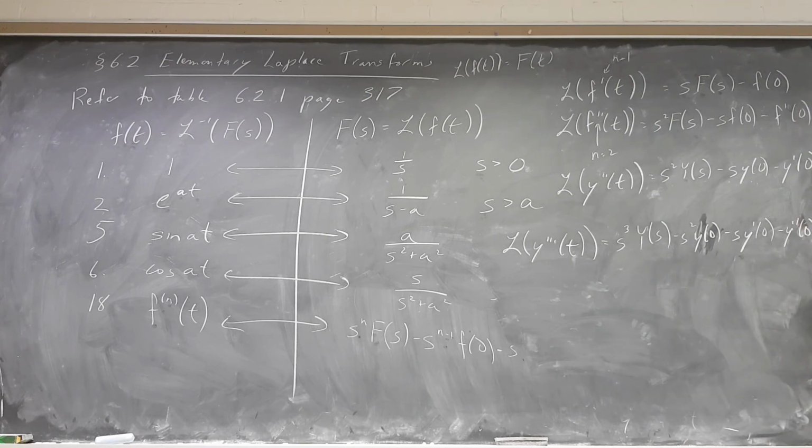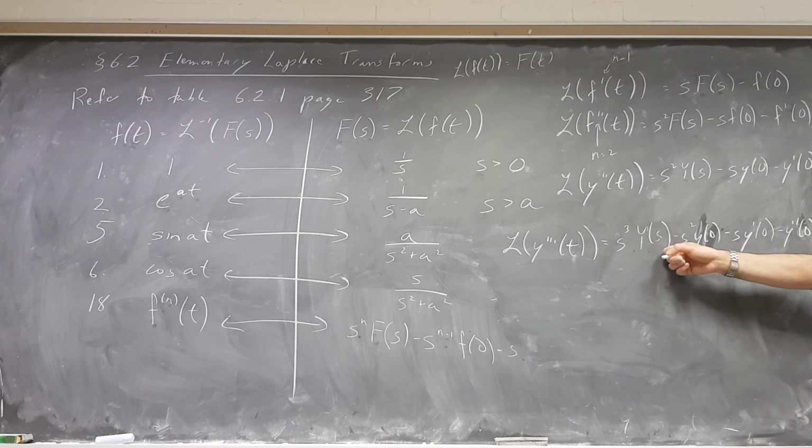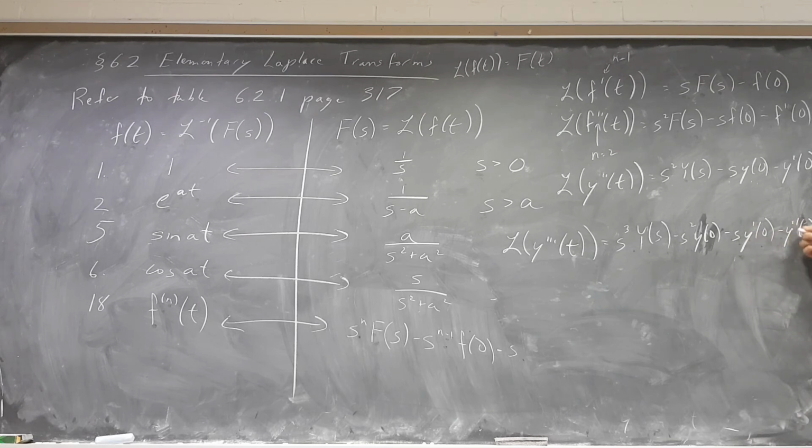Hopefully that's showing up on the screen. If it's not: s cubed Y of s minus s squared y of 0 minus s y prime of 0 minus y double prime of 0.